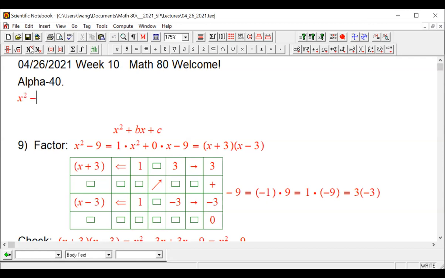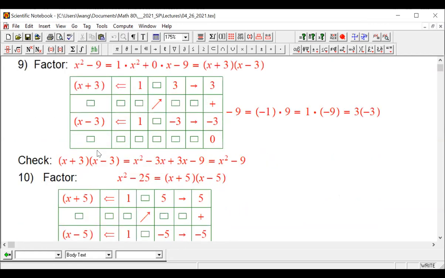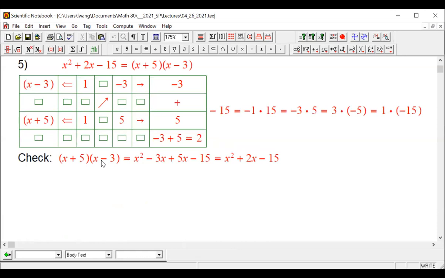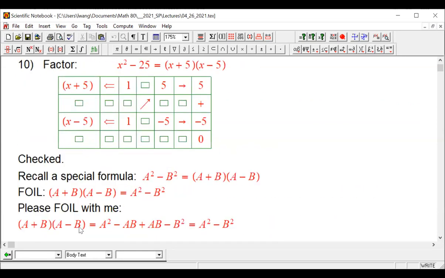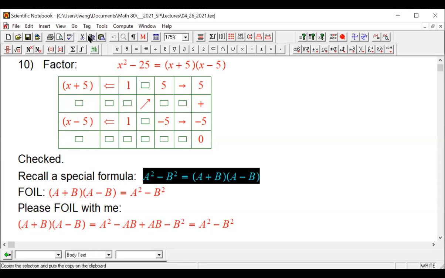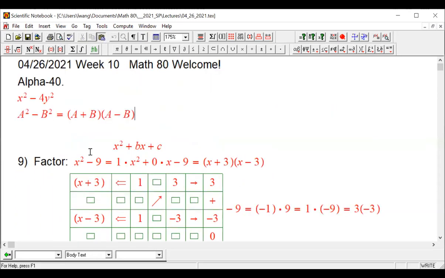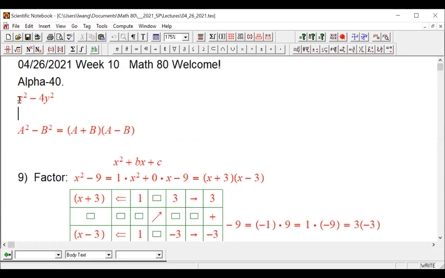Okay, we have x squared, we have a 4y squared, right? So if we are familiar with this special formula, we can just go by it. We have x squared, and that is a squared, right? x squared is a squared, and 4y squared can be written as 2y squared.